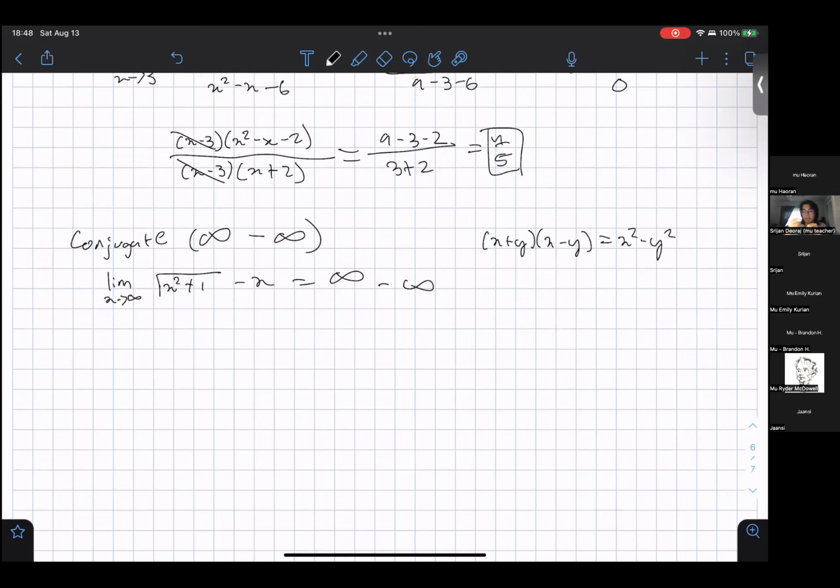There's a version of this formula for every power of n. So for example, for x cubed minus y cubed, the difference of cubes, it's x minus y times x squared plus xy plus y squared.